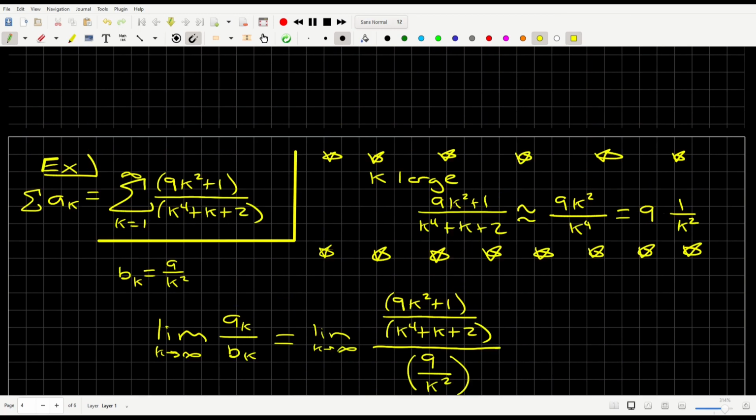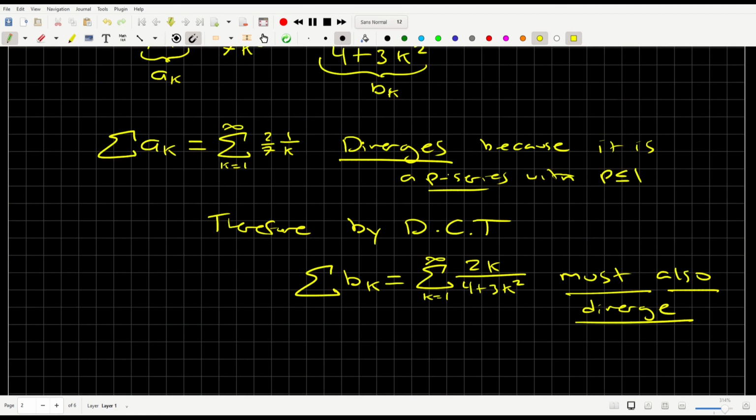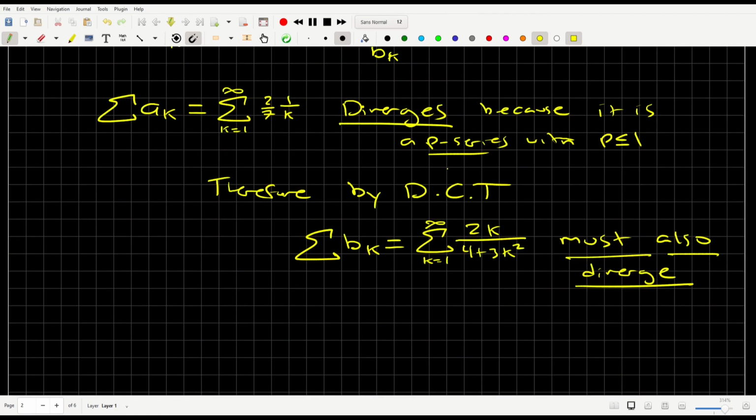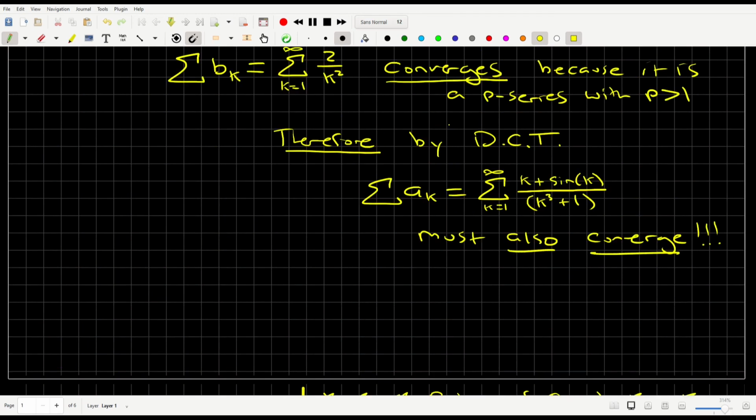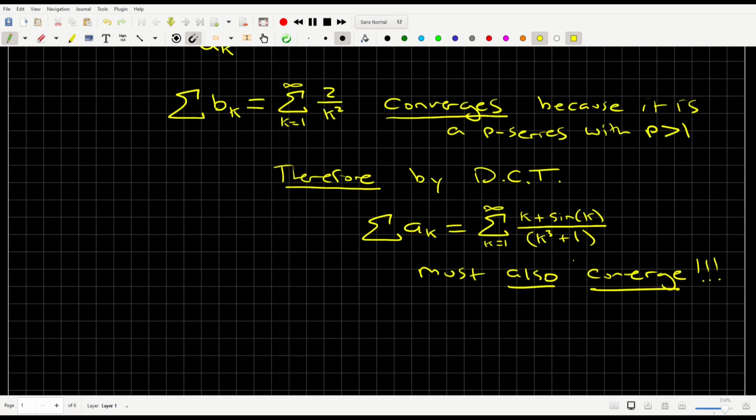And similarly for the other examples that we did in this lecture, this one was the DCT part 2, and this first example was the DCT part 1.